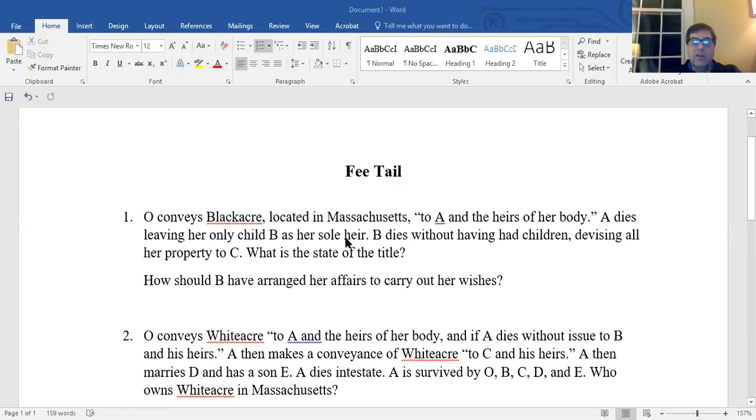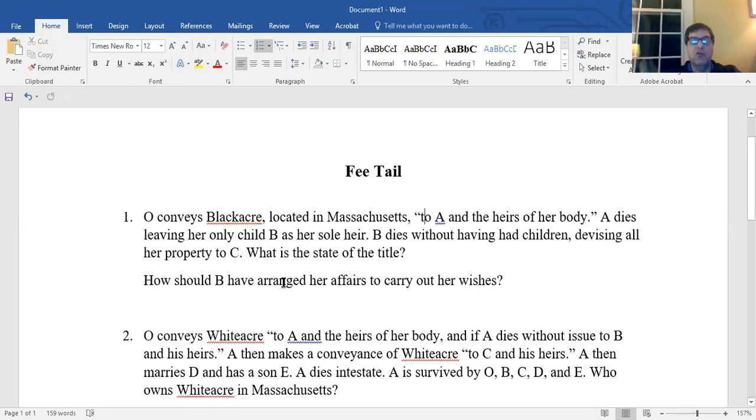Well, what about the fact that B tried to devise the property to C? That doesn't work if it's a fee tail. You have to act while you're still alive to disentail the estate. If you wait until you try and do it by will, you've waited too long.